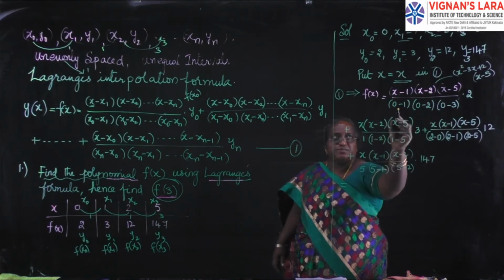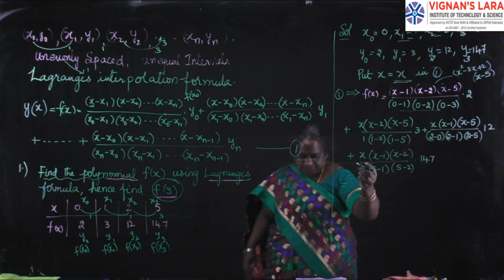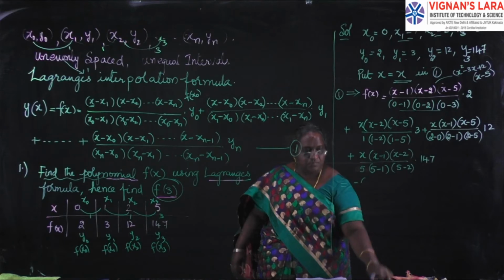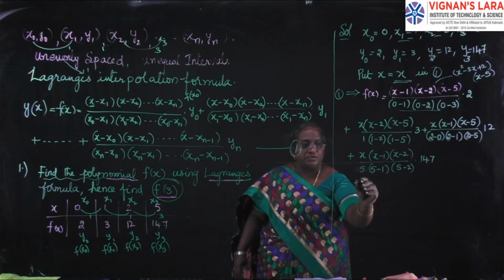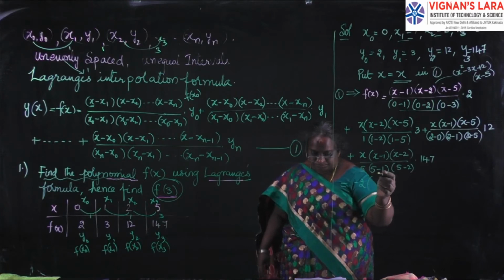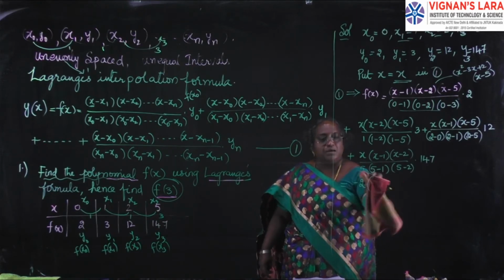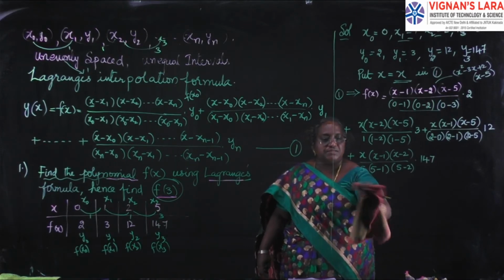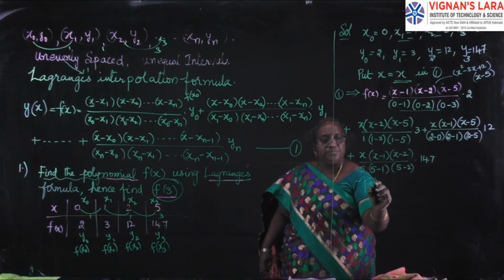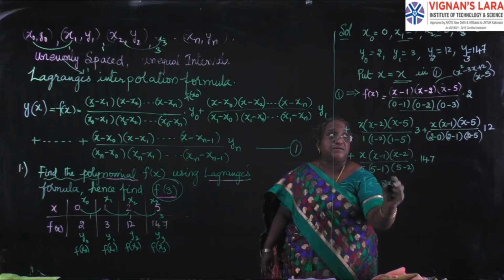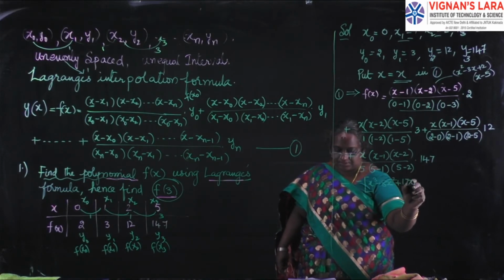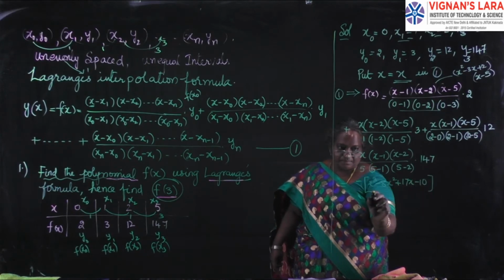So if I expand, the first term turns out to be minus of 2 into, so let us see this as minus of x cube minus 8x square plus 17x minus 10 by 5.